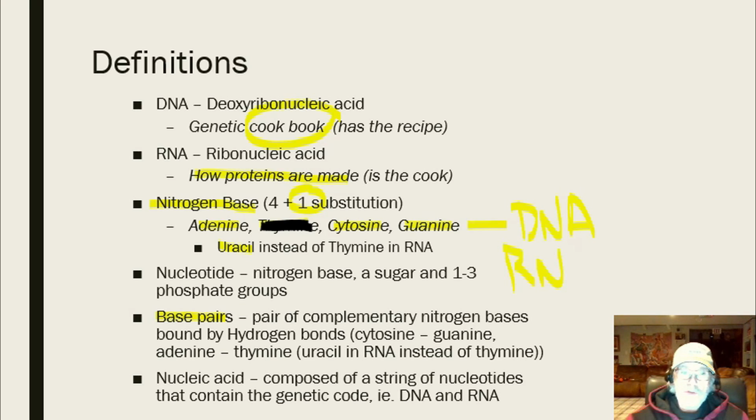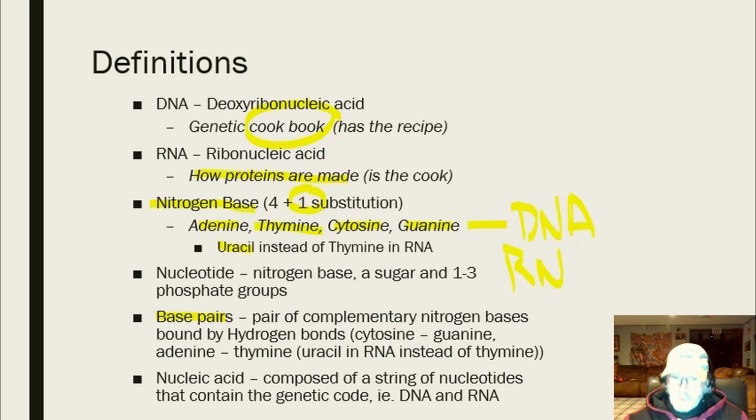So let's go back to our nitrogen bases. Let's get thymine back in there because thymine deserves to be back in there in DNA. Let's talk about our complementary nitrogen bases: adenine, thymine, cytosine, and guanine. In DNA we have 2 strands.